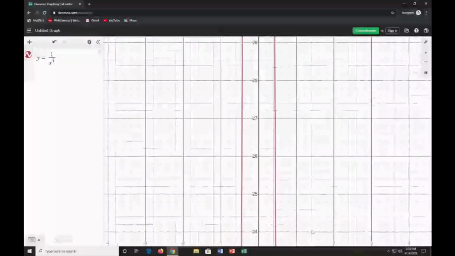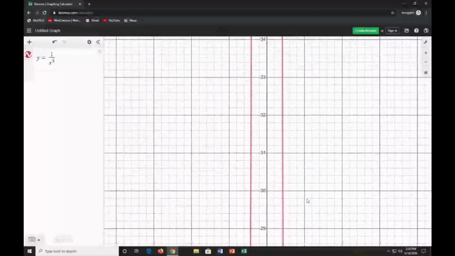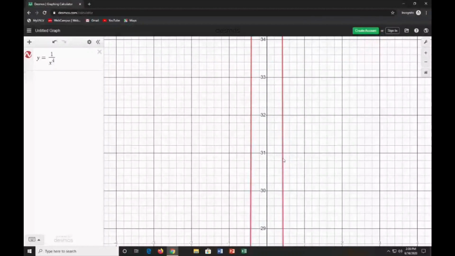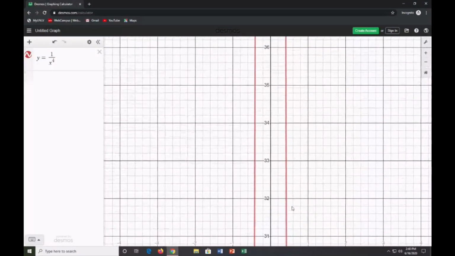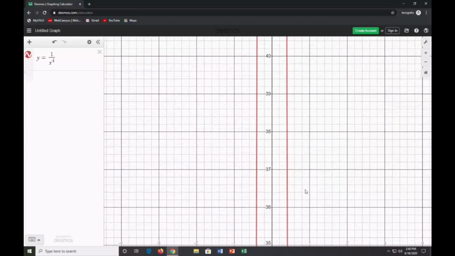You see that? But it will never touch it, because we know from the function that it cannot attain x equals 0, since it will be undefined for that x value. So look at how this line keeps getting closer and closer to the y-axis, but it will never touch it.